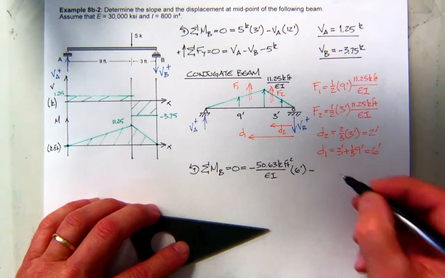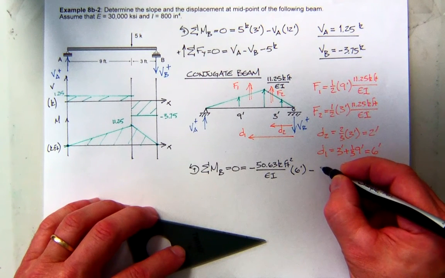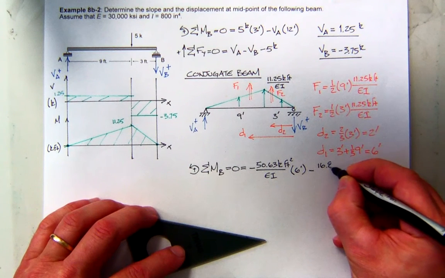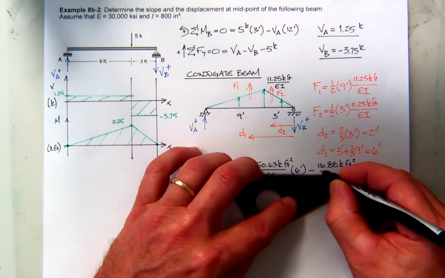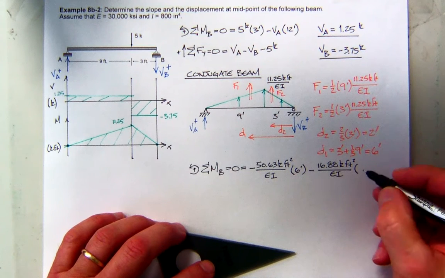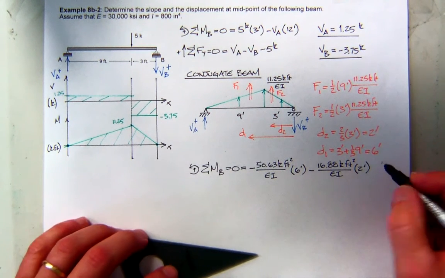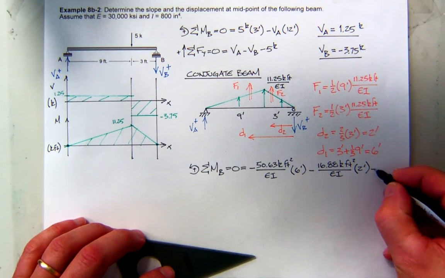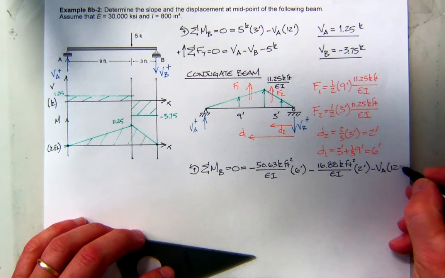And then what's F2? 16.88? Yes? 16.88 kip feet squared divided by EI, and the moment arm for F2 is 2. And then I've got the shear at A, which is going to create negative moment, and it has a moment arm of 12.